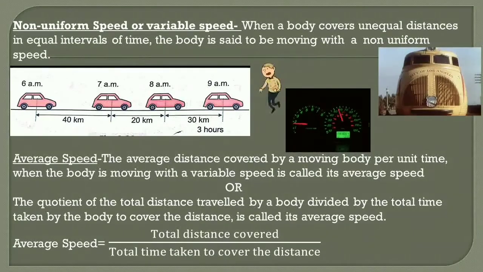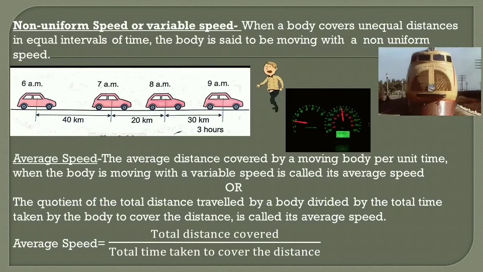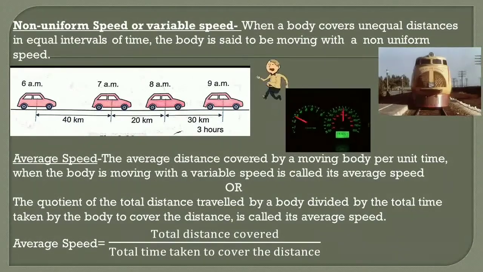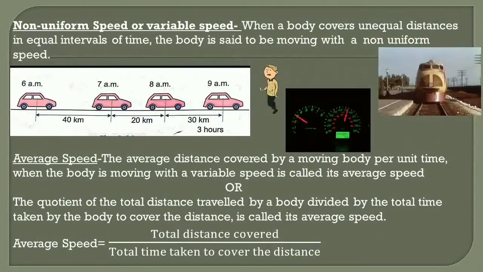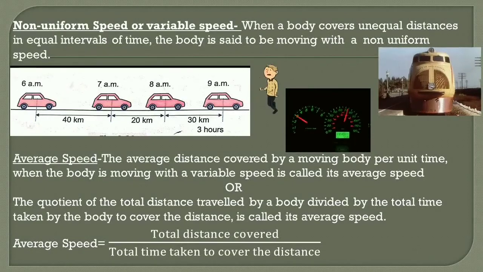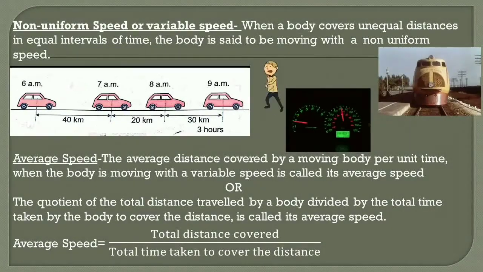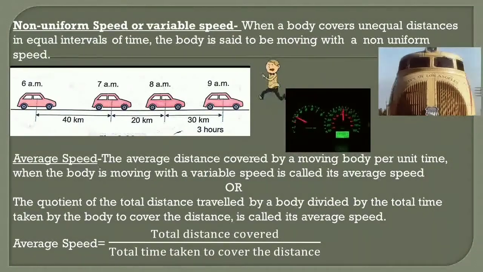That means the total distance is 90 kilometers, and the time is 3 hours. In that way we can find the average speed using this formula: the average speed is the total distance covered by the moving body divided by the total time taken to cover the distance.